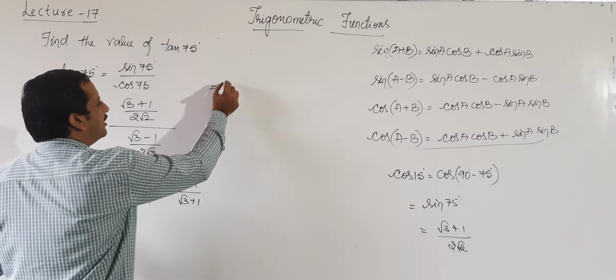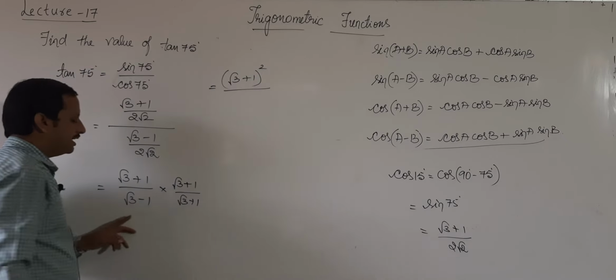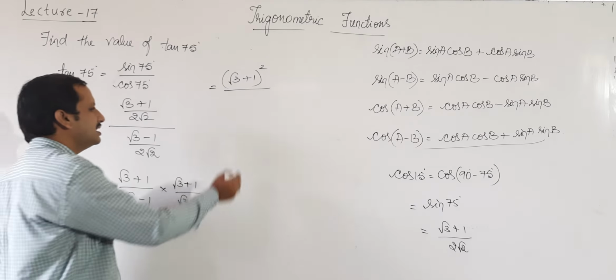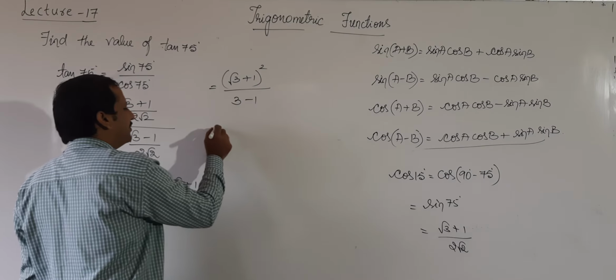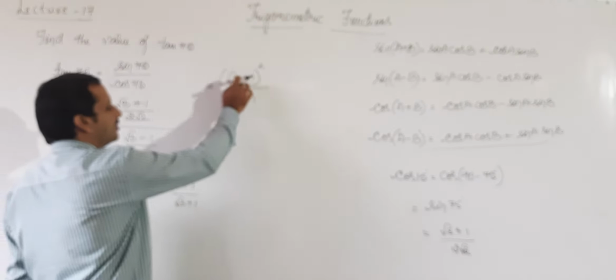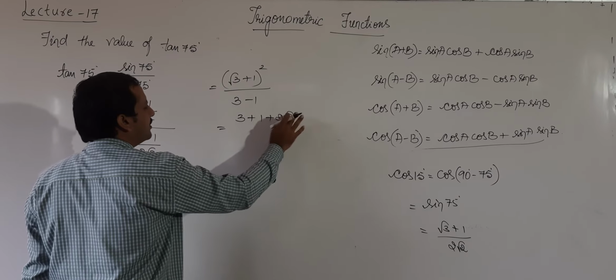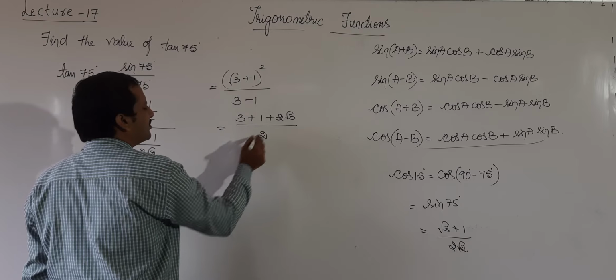In the numerator, root 3 plus 1 whole square. In the denominator, a minus b into a plus b, that is a square minus b square, root 3 whole square, that is 3 minus 1 square, that is 1. So root 3 plus 1 whole square, expand this using a plus b whole square. This is what you get. Divided by 3 minus 1 is 2.